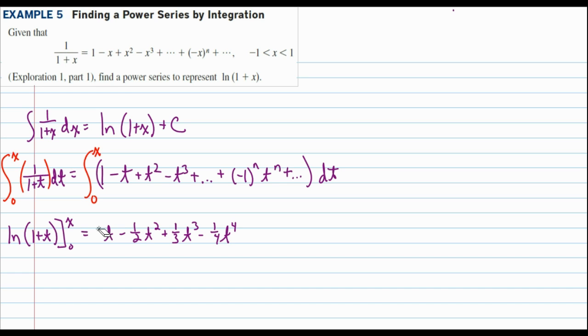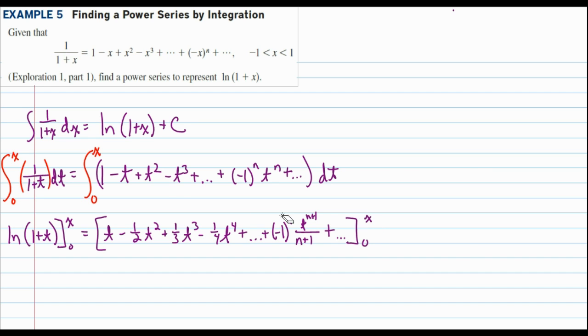If I integrate the 1, I get t, integrate t, I get 1/2 t squared, etc. This pattern looks like it's following (-1)^n times t to the n plus 1. So this was term 0, its exponent is 1. This is term 1, its exponent is 2, etc. And then we're dividing by that same value, n plus 1. Now that also needs to get evaluated from 0 to x.